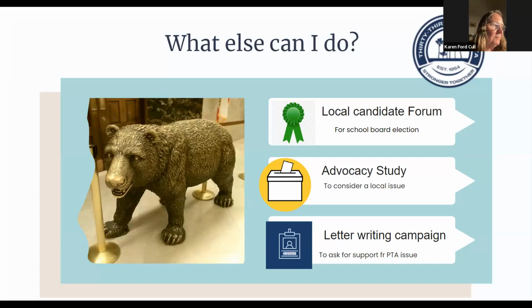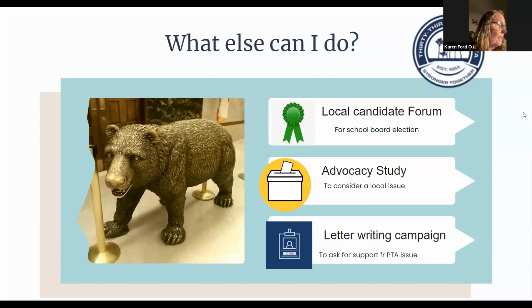So I think that's a good way. But as you say, another way to make a connection with your local representatives is to ask to be on their email list, right? At least get the information on what they're doing. But if you can make those connections, if you can make a relationship, that's even better.